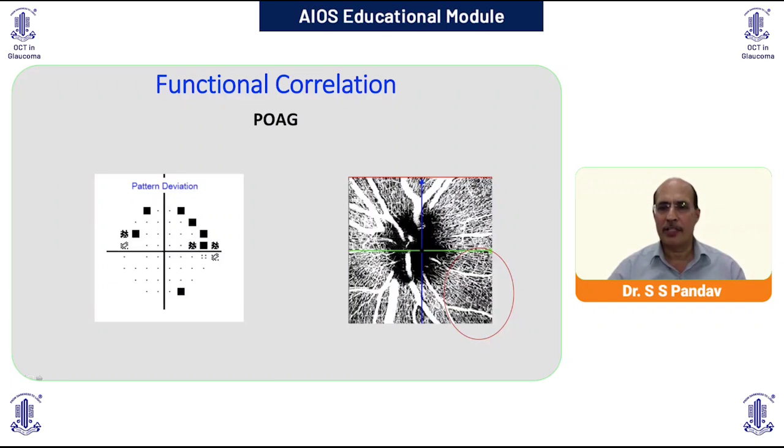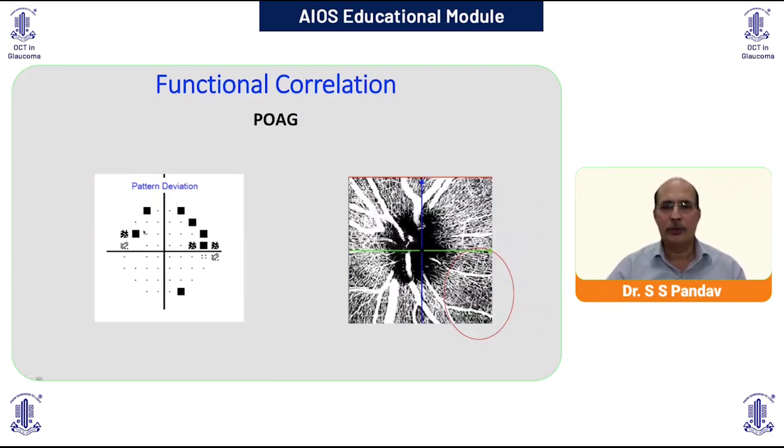You can see a very nice capillary bed in the peripapillary area, but there is some thinning, some decline seen in one quadrant. And this corresponds somewhat to the scotoma in the visual field as well.